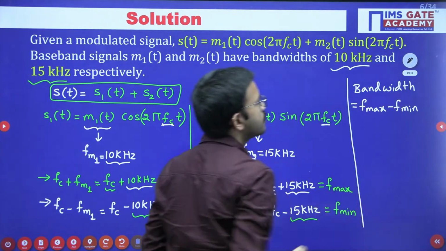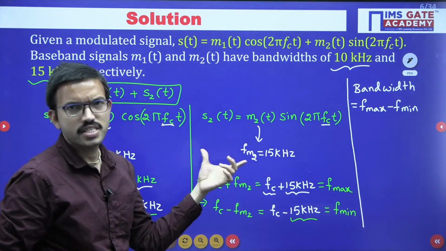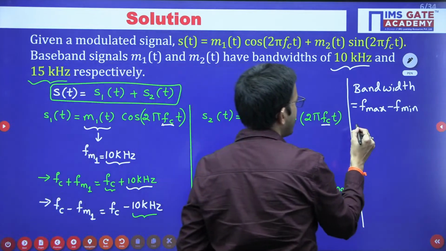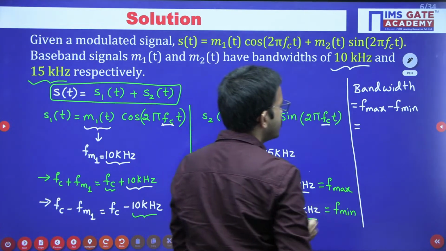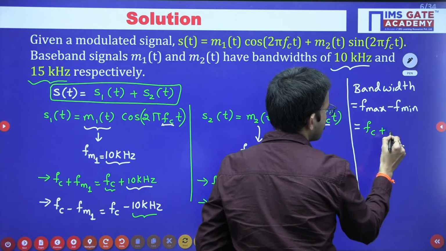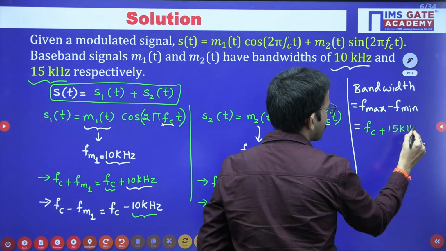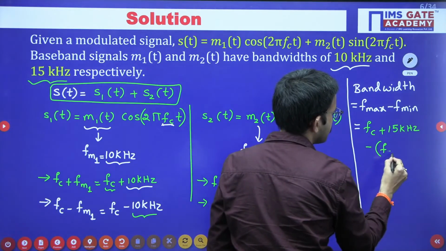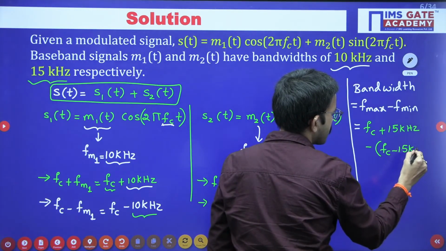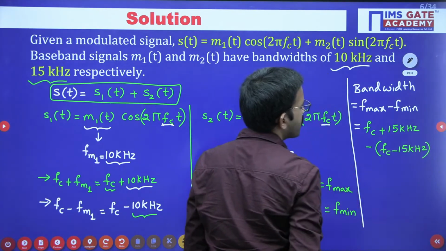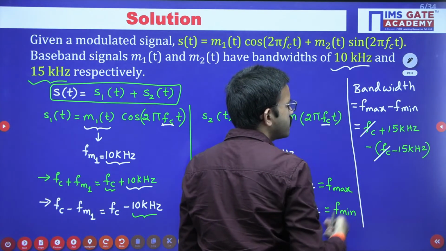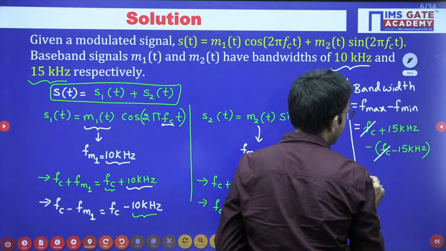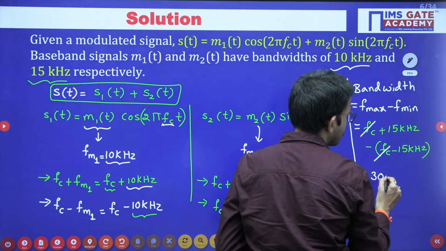The range of frequencies where you are operating the signal is nothing but the bandwidth. So here F max is FC plus 15 kHz, and F min is FC minus 15 kHz, right? Here plus FC minus FC will get cancelled, minus of minus is plus, so 15K plus 15K together you get 30 kHz.